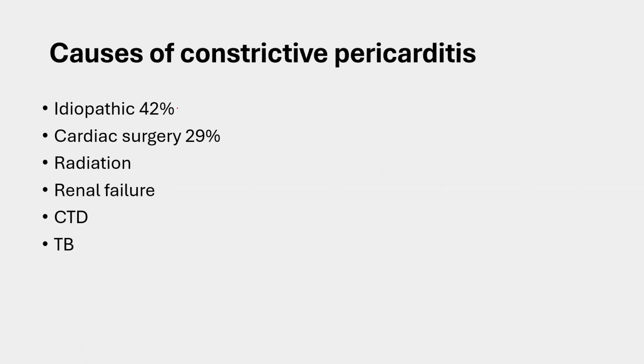Causes of constrictive pericarditis: idiopathic in 42%, cardiac surgery 29%, radiation, renal failure, connective tissue disease, and tuberculosis. In some other countries, tuberculosis may come number 1 as a cause of constriction, but globally speaking, idiopathic and cardiac surgery constitute more than 50% of the cases of constriction. Okay.